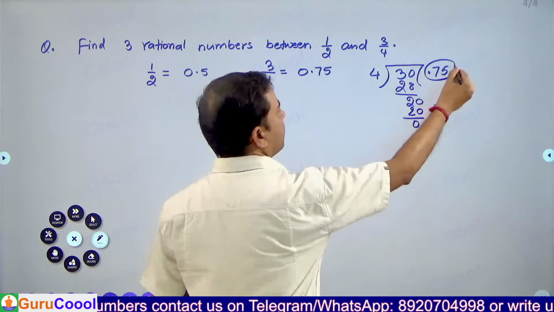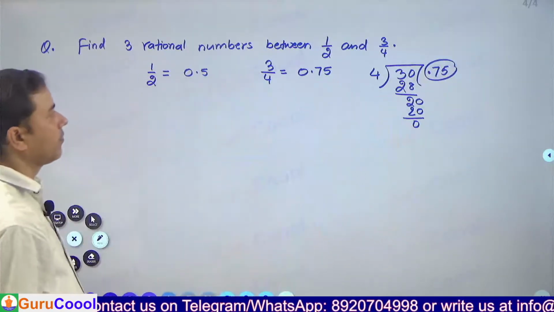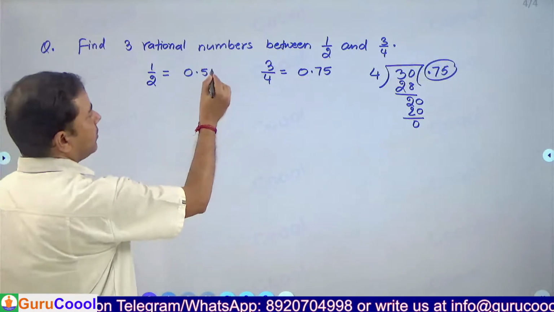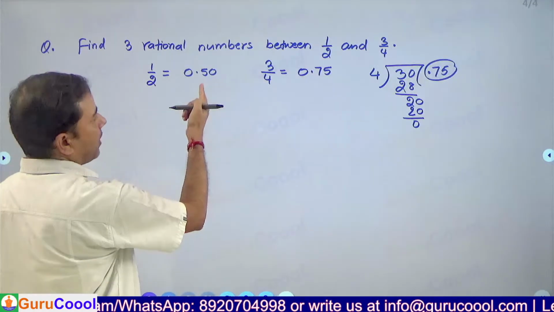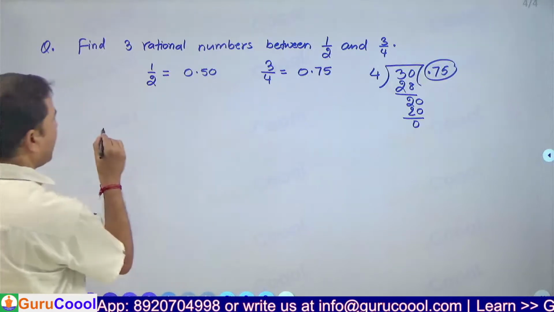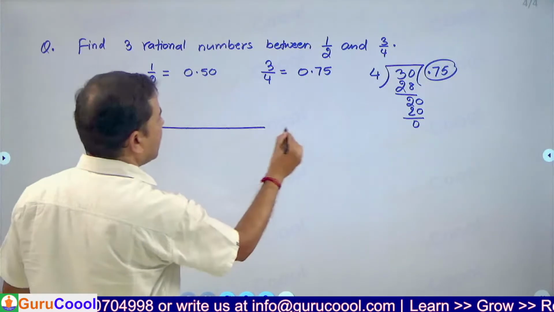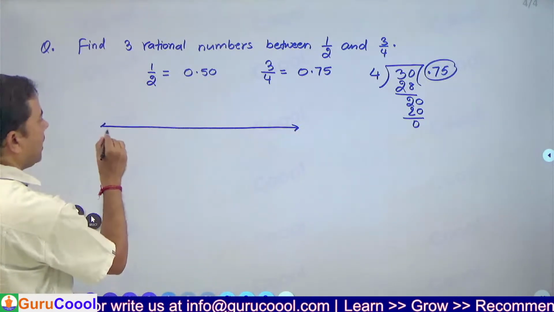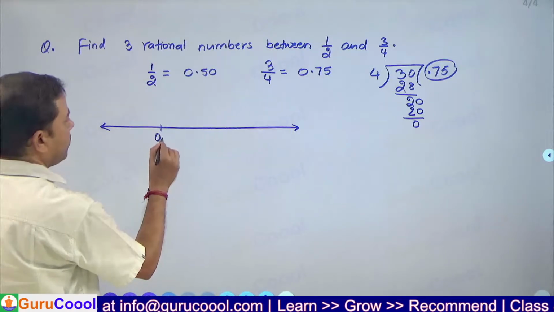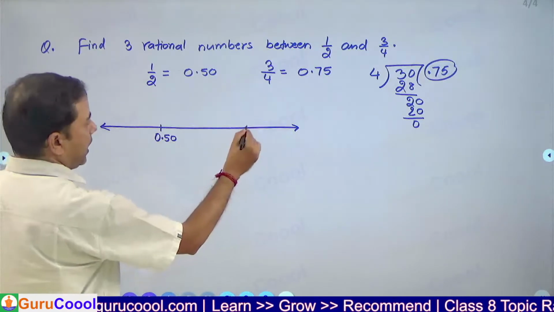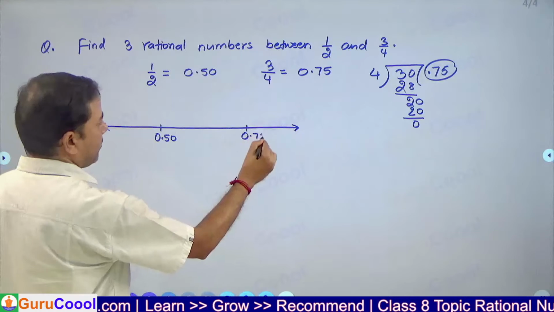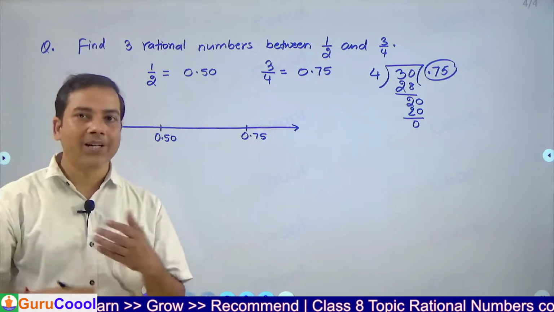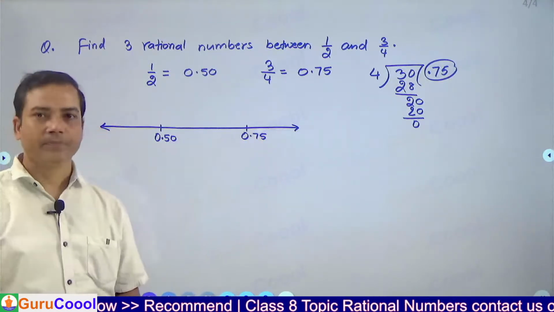So 0.75. First one is 0.5, we can put a 0 here. So 0.50, 0.75. Now notice the given rational numbers are 0.50 and 0.75.